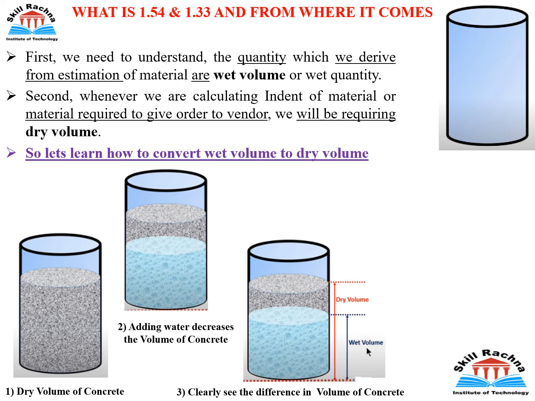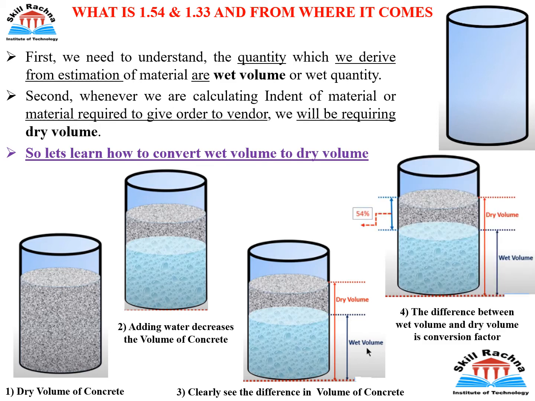As soon as we have added the water, it has decreased, and that is the wet volume. So in simple words, the difference is approximately 54%, and that is the value which we are getting, that is 1.54.